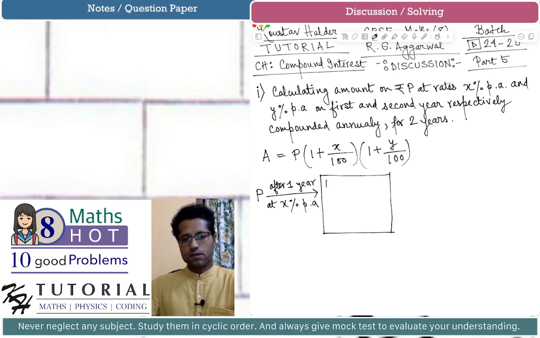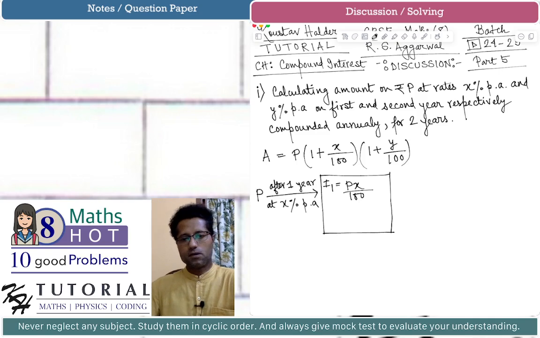So I1, the interest at the end of the first year, will be based on the current principal, which is the original principal P. Since the interest is being compounded annually, we have R dash equal to R. In this case R is X. So we have P X by 100, which is the interest at the end of the first year, where the rate is X% per annum.